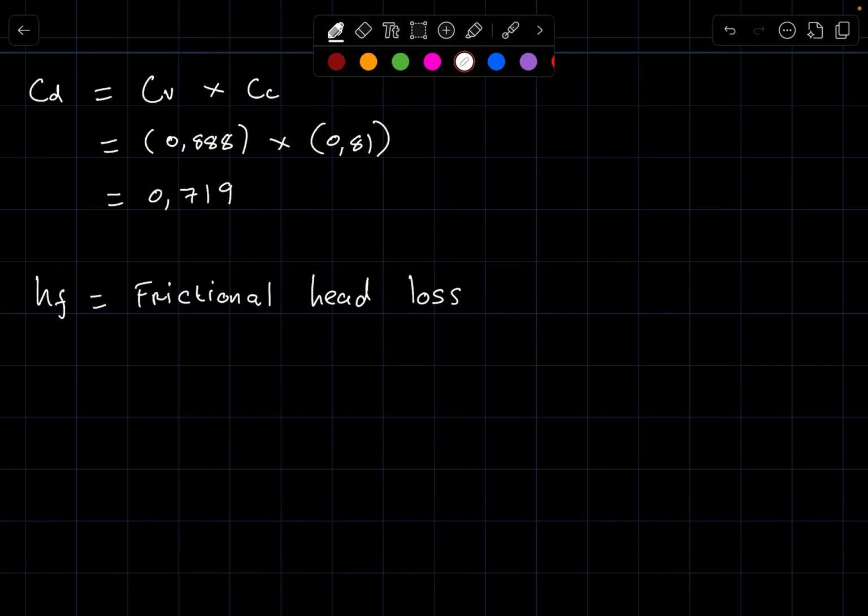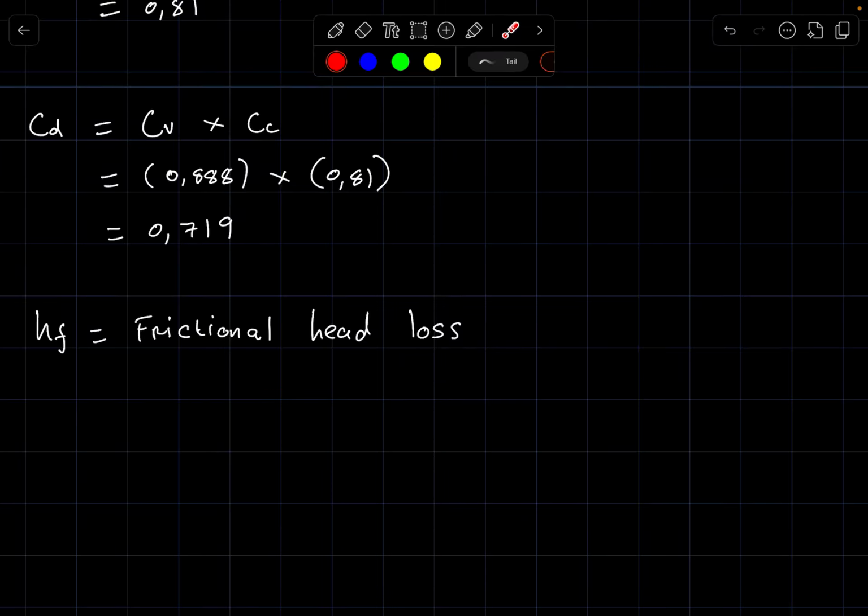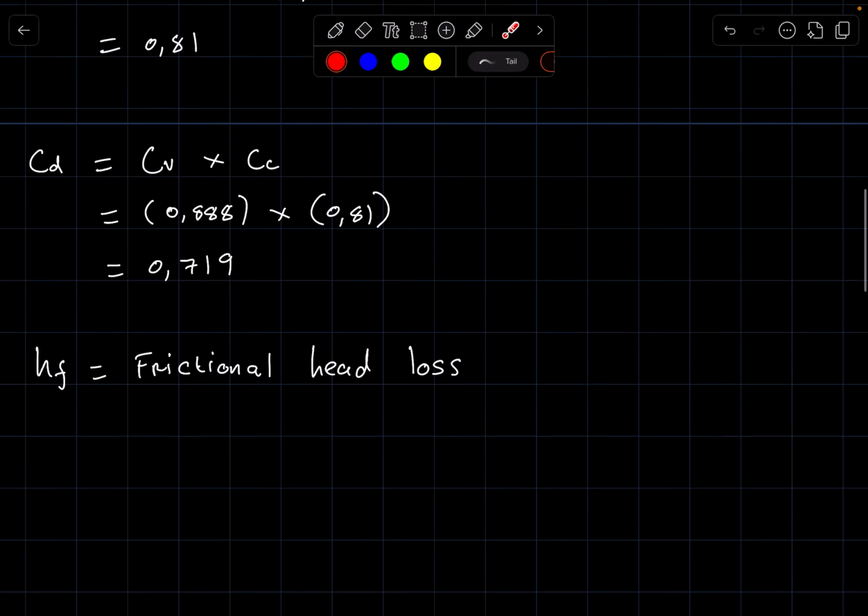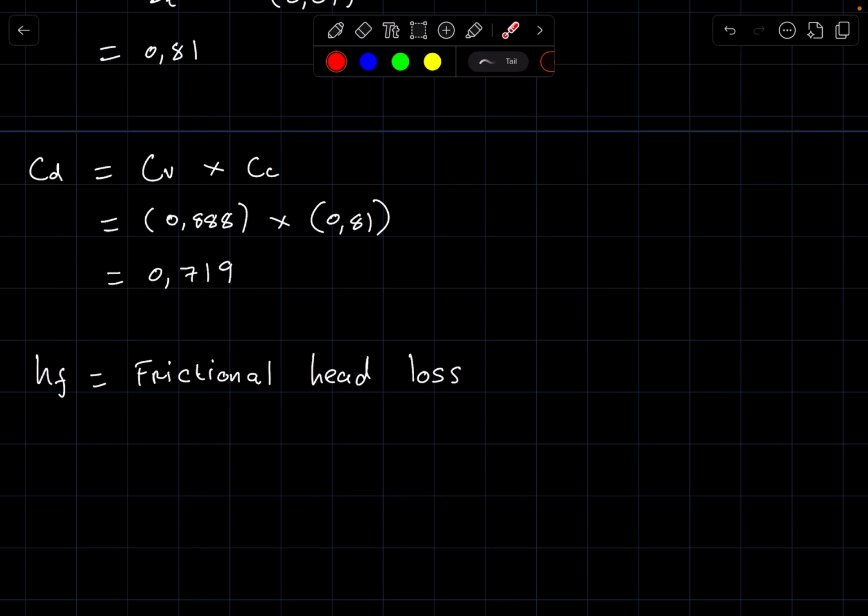So if we do not consider this, it means you are looking at the hydraulic system from an ideal perspective. And when we don't look at the hydraulic system from an ideal perspective, we have to consider this as well, right? All of this I did explain in the video where I explained the concepts of flow through an orifice. So if you haven't watched that video, go to my playlist and definitely check it out.